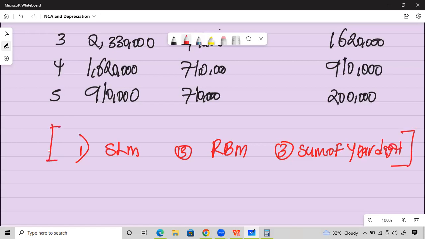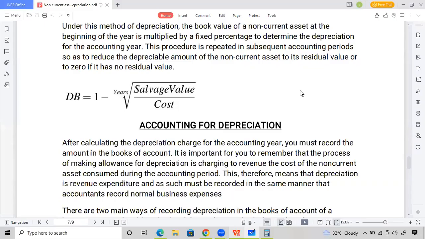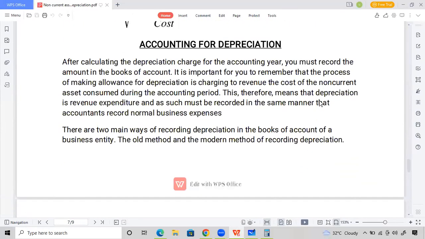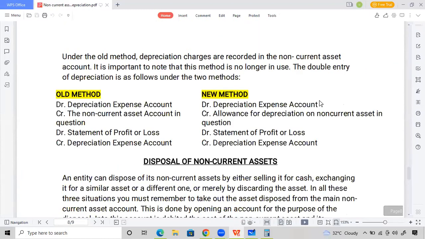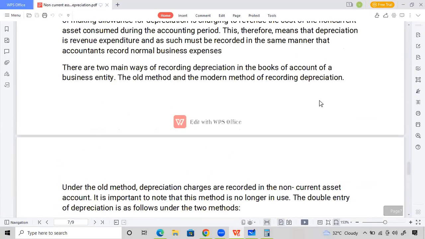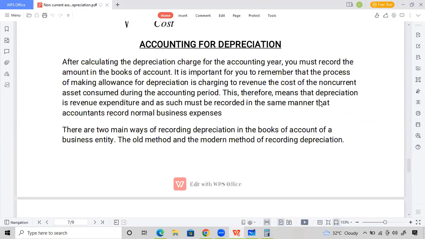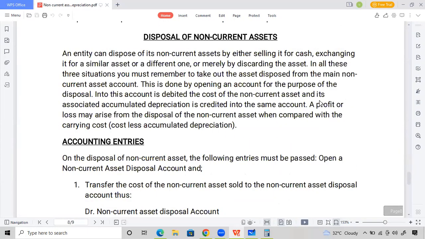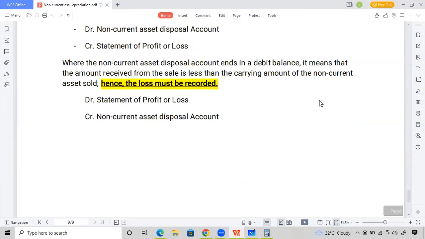So let's stop here for today. Tomorrow's class, by God's grace, we are going to continue. We'll be talking about how we account for depreciation: which account, how we are going to do the debit and the credit.